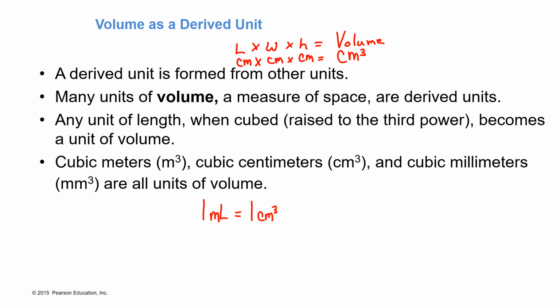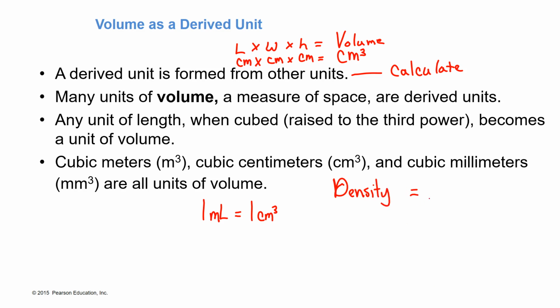So it's a derived unit. Derived unit means that you have to calculate it. All right, it means you have to do some kind of formula to get there. You have to multiply, divide, add, subtract, whatever to get there. A lot of times with derived units, you have compound units. So density is another derived unit.